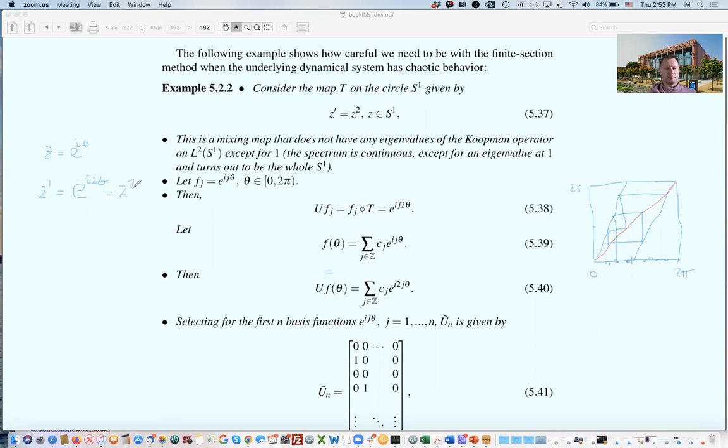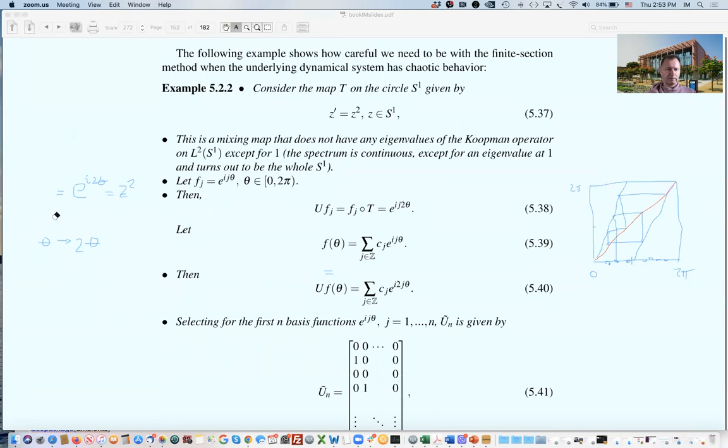All right. So you see here theta goes to 2 theta. And then we're modding this to pi, but the complex notation already takes care of that part.